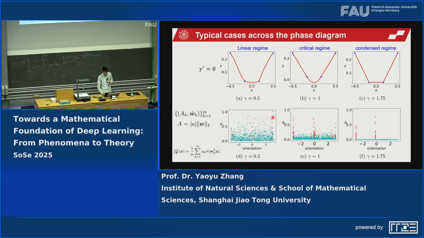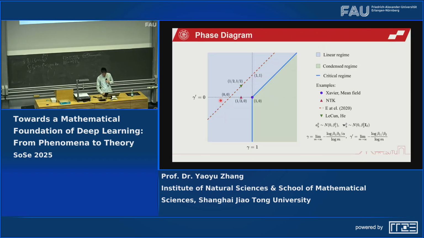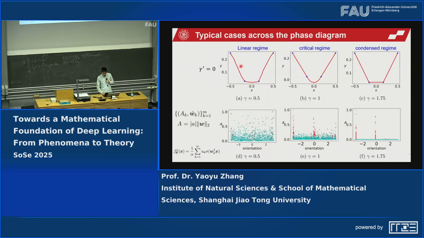Still, I will show you the phenomena we can observe in these different regimes. First, in this linear regime, the initialization is at a relatively larger scale. In this kind of initialization regime, there's something tricky: it's easy to overfit these points.